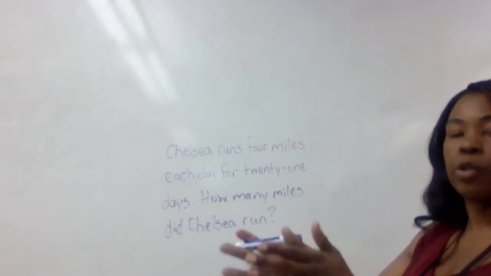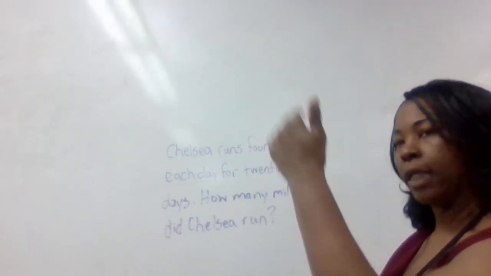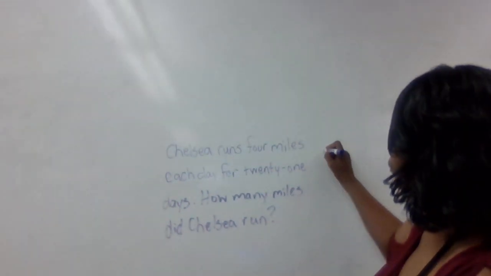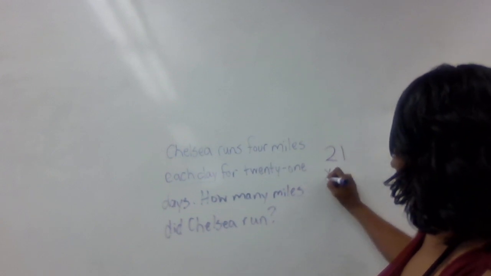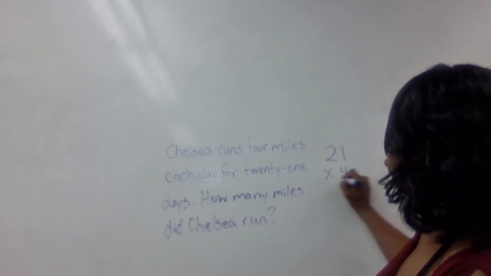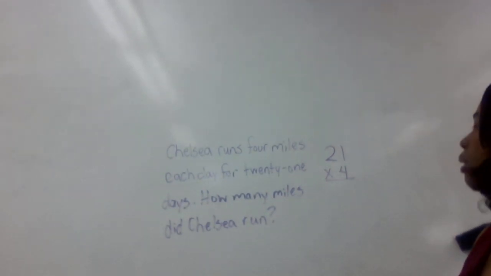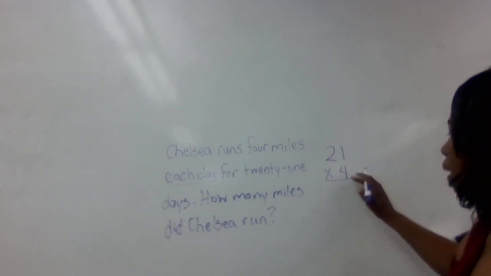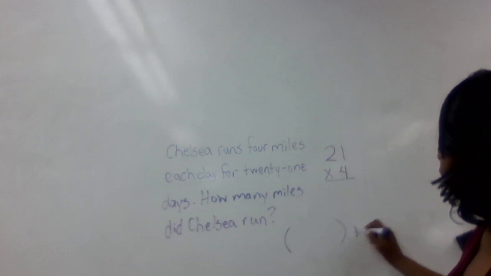So that's like writing 21 four times. So rather than adding 21 four times, I'm going to multiply. I'm going to do 21 times 4 because that's how many miles she did for 21 days. And I'm going to do the standard algorithm, and I'm also going to do my distributive property here.